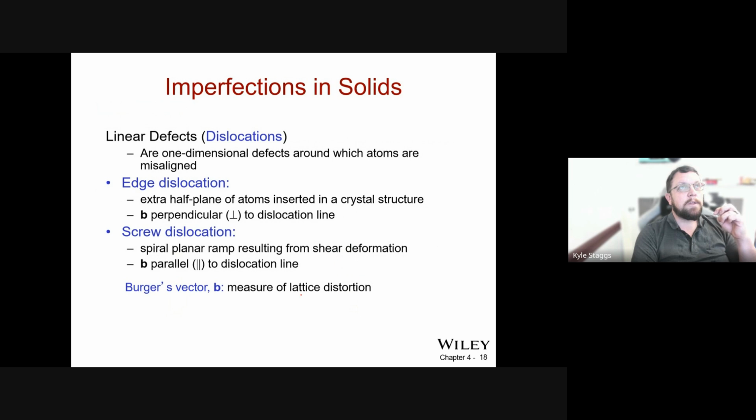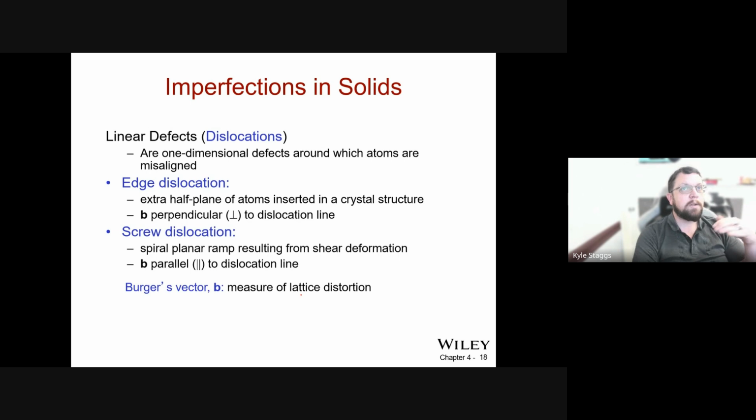The linear defects are another type that you'll see. So this is one-dimensional, and it's around any atoms that are misaligned. Again, you've seen the rug illustration of this. The edge dislocation is sometimes referred to as an extra half plane of atoms inserted into a crystal.